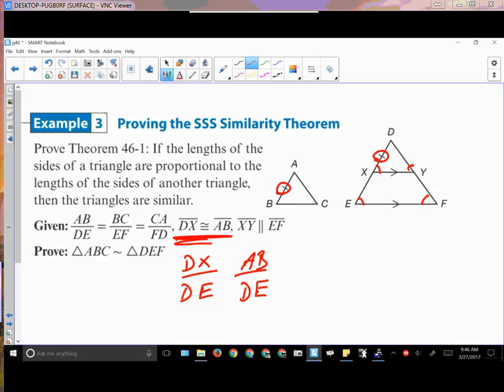This thing has a ratio of AB to DE, so this side to that side. So this side here should be the same to that side there. Would you agree? That BC then would go to here, correct? So then this has to be similar to that.